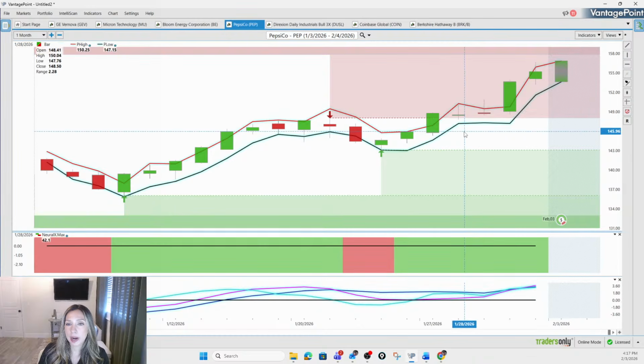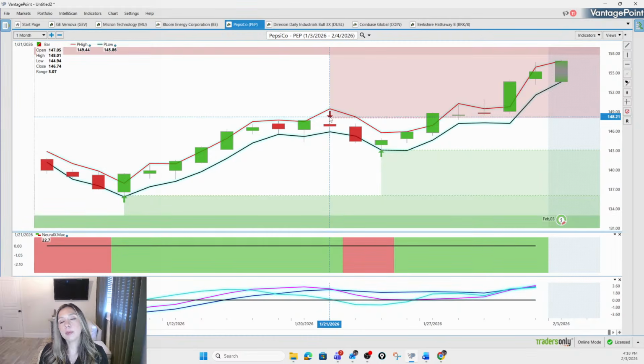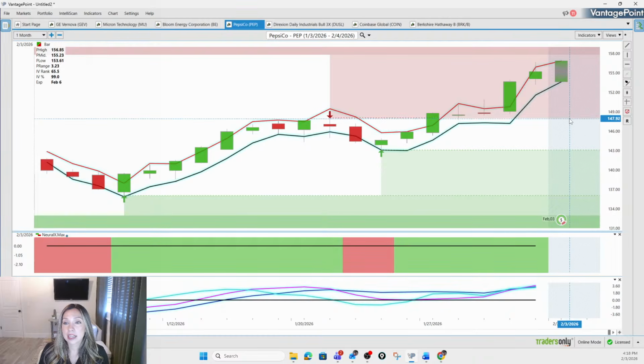So you can use support and resistance for profit targets, but also for stop levels as well. Because now that price has broken through that resistance, this old resistance that we're seeing right here, that was established at this red arrow on 121, has now become support. All right. So you can, in fact, use this as a lower support level if this is a longer term hold for you.